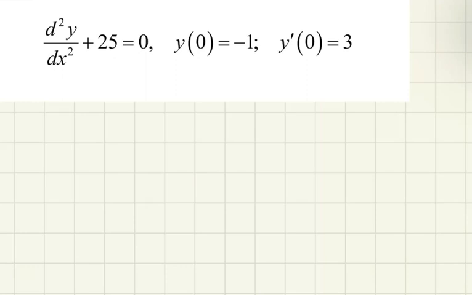This is an initial value problem, so you have two values for the IVP. First is y(0), second is y prime. So first thing first, transform into the characteristic equation.